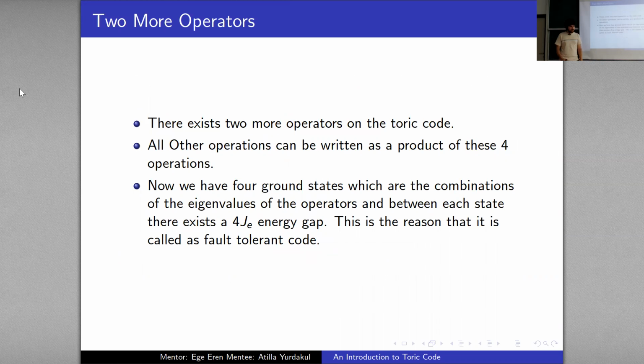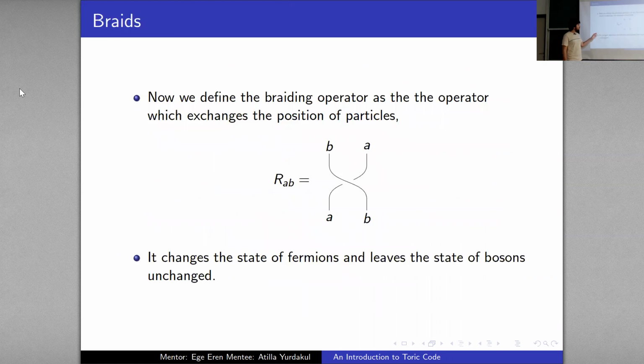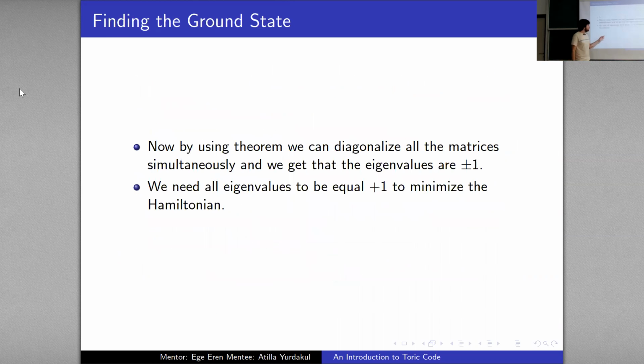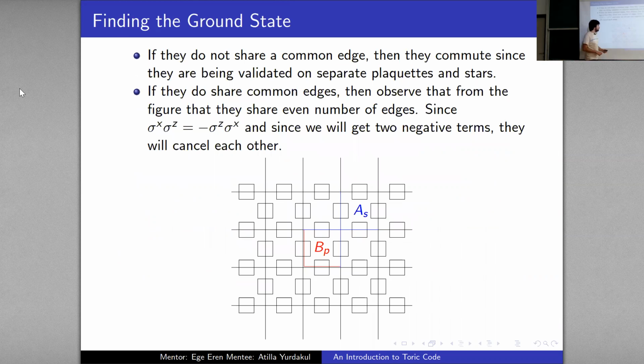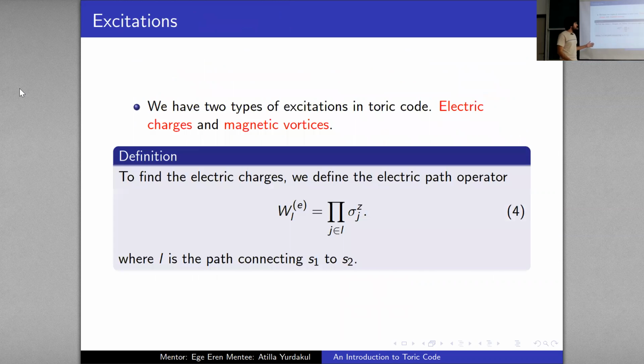The one is which we apply sigma x vertically to the torus such that it wraps the closed hole of the torus.